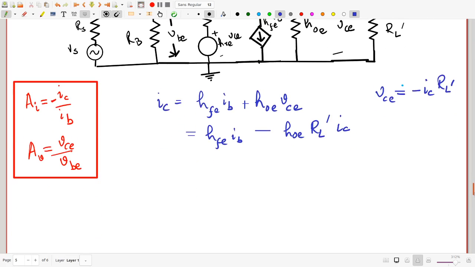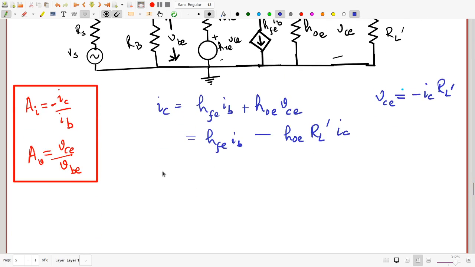minus HOE RL prime times IC. And now all you have to do is change IC over to the other side and divide, cancel out the common factor to end up with this result. IC is HFE IB by 1 plus HOE RL prime, which implies that the current gain, the result that we wanted, let's write that in red.